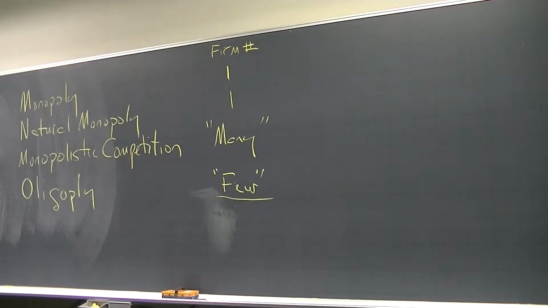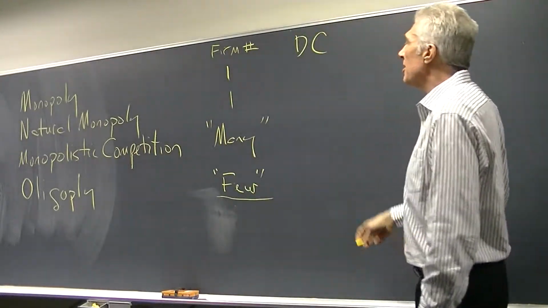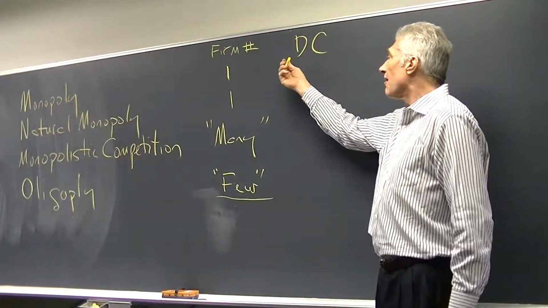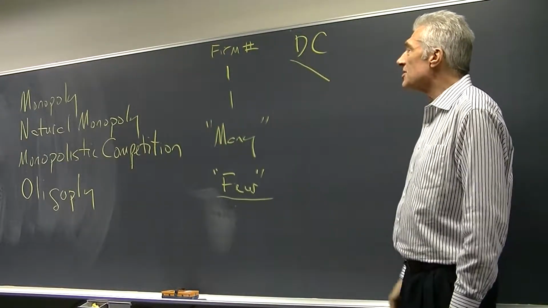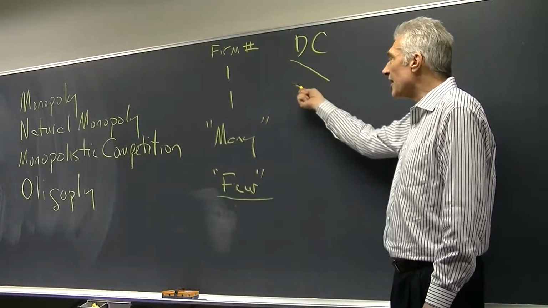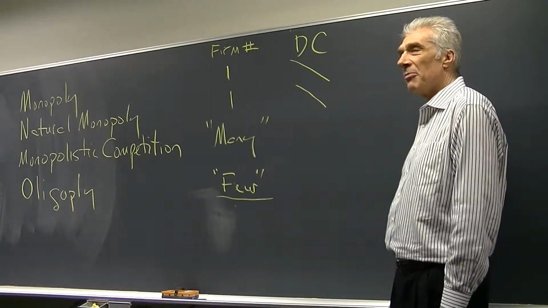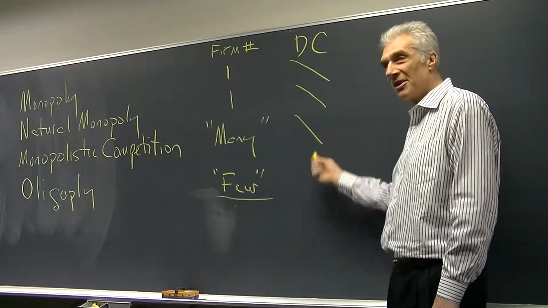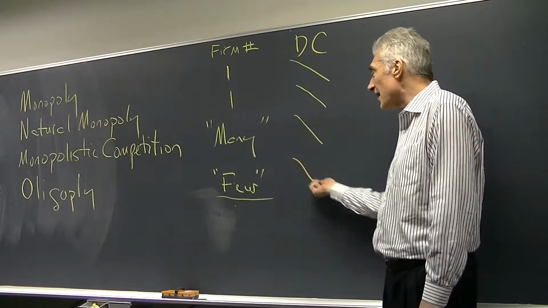The demand curve facing firms in each market. What's the demand curve facing a firm in a monopoly? It's downward sloping. In a natural monopoly? Downward sloping. In monopolistic competition? Downward sloping. Under oligopoly? Downward sloping.